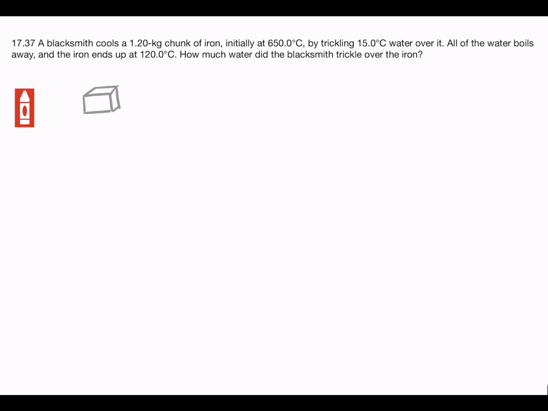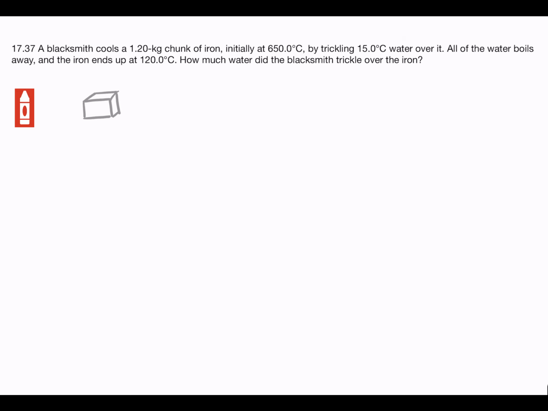It starts out pretty hot. So we have iron. It has a temperature of 650 degrees Celsius, and we'll call that temperature initial of iron.